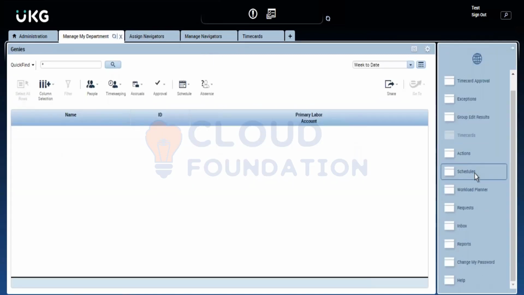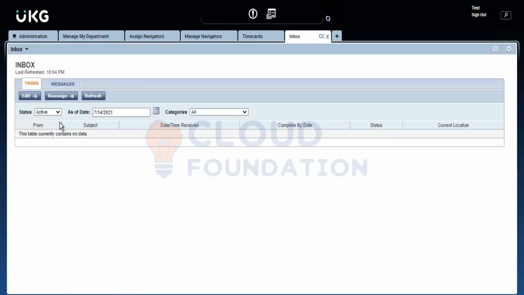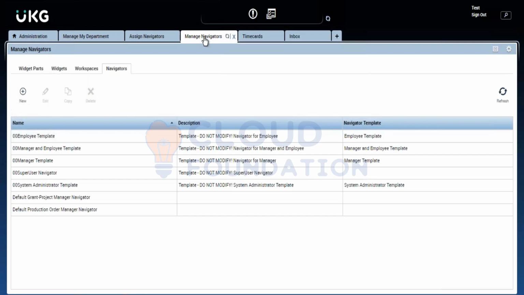I can work on their schedules and their requests. I can check my inbox from here to see if there's any delegation being done. If some manager is going on leave, they can delegate their work to me, so I can manage their employees for them. So you start from here.